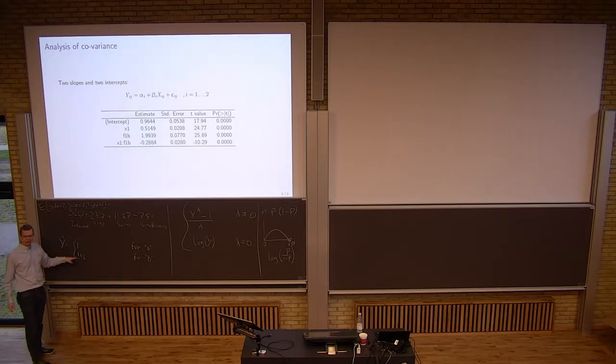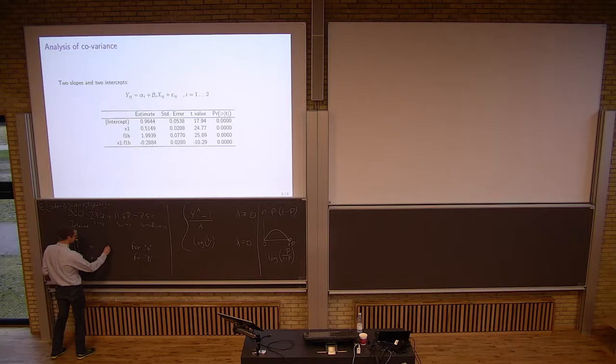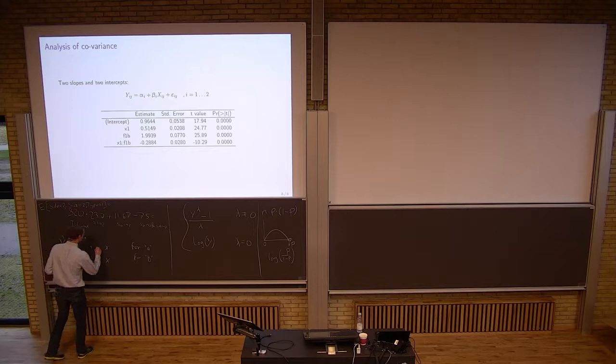So those are the intercepts. And then I have something times x here. I have one slope here that is roughly 0.5. What is the slope for the other one? That's a question for you guys.